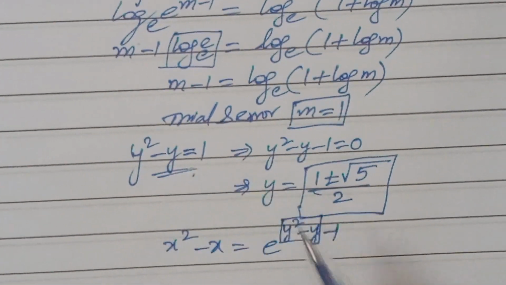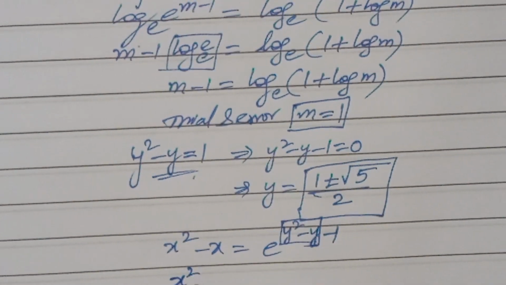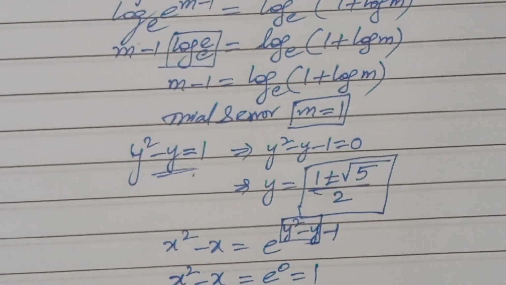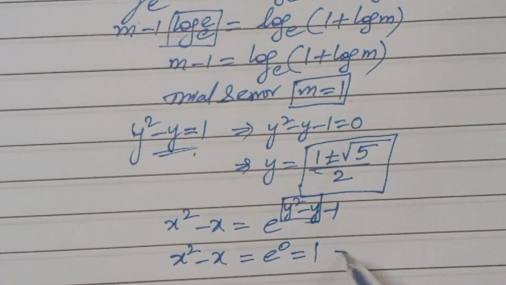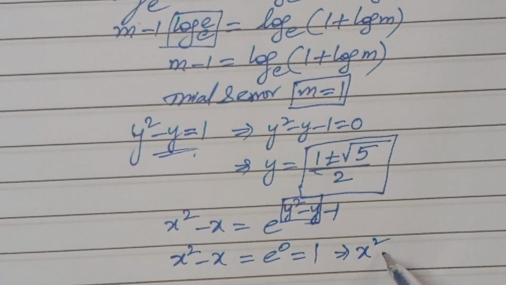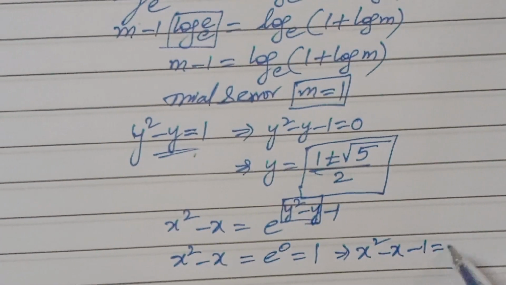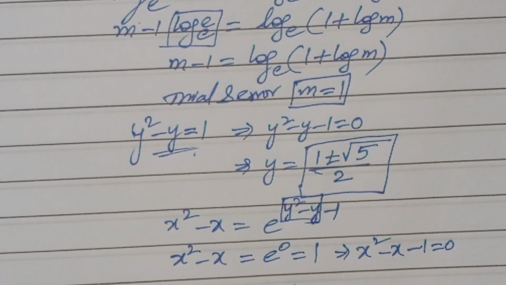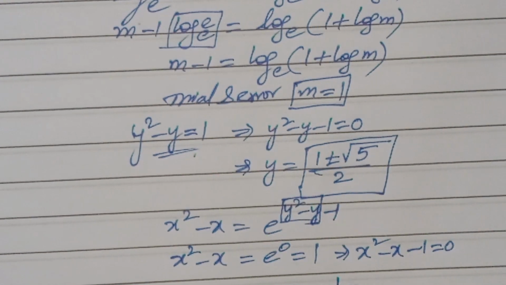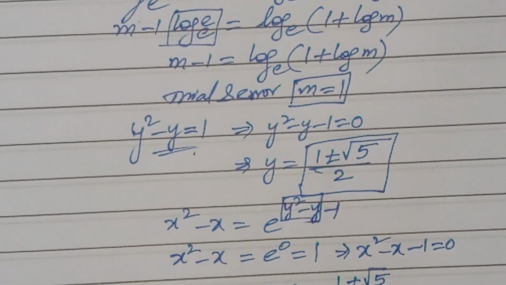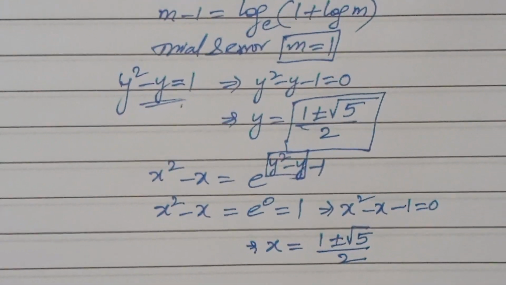From this we will get x square minus x equal to e to the power of 0, that is equal to 1. So you'll get the quadratic x square minus x minus 1 equal to 0. Here x is also equal to 1 plus or minus root 5 by 2.